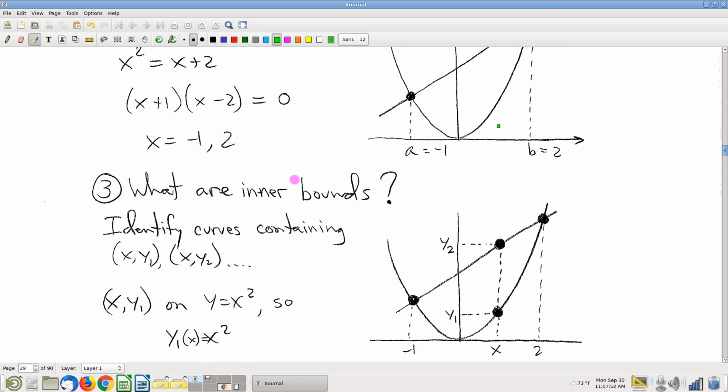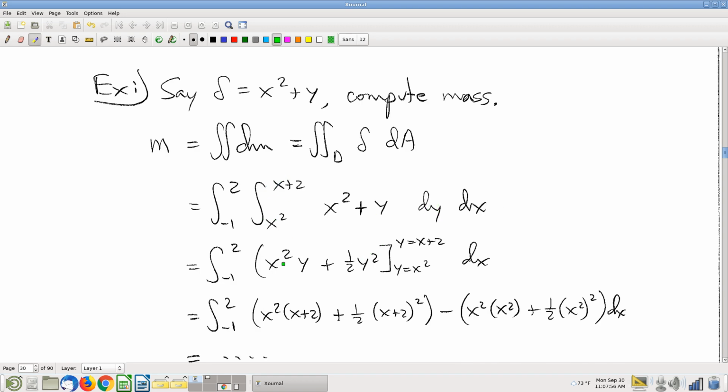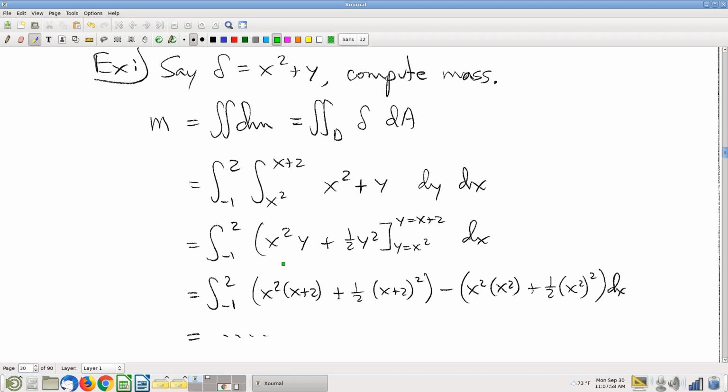Okay. So the only difference is that when you plug in these bounds, y goes from x squared to x plus 2, it just means that you're sticking in variables instead of sticking in constants. And it's just algebra.